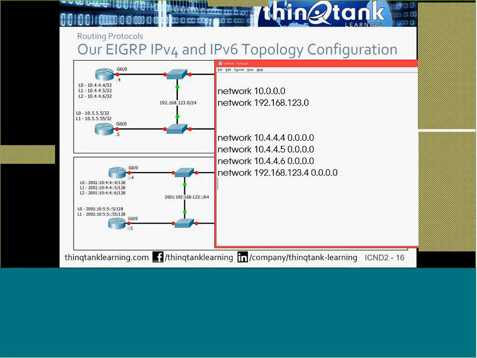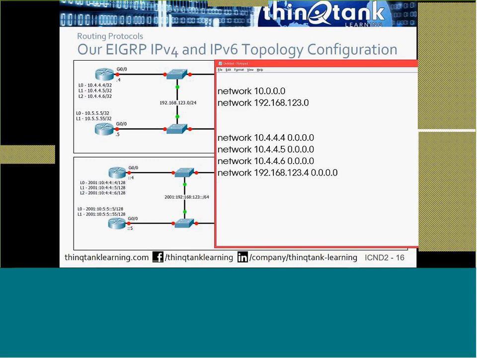It's a lot more work. Well, not a lot, 2 extra statements. But at least I know for a fact that if somebody adds another loopback to this router, or if they add something else, it's not going to automatically start running EIGRP.